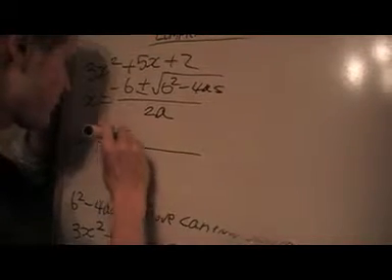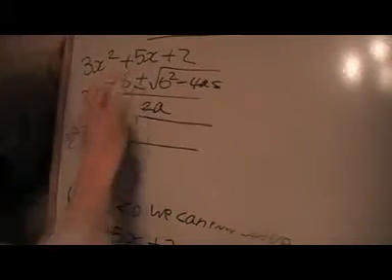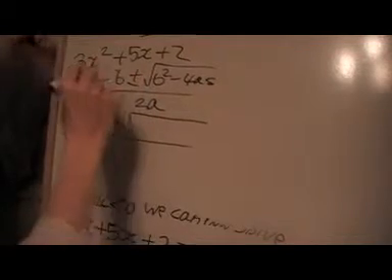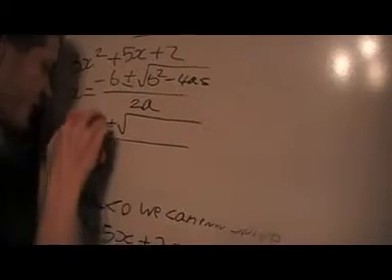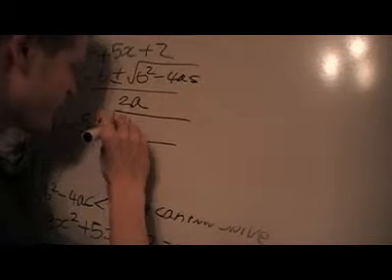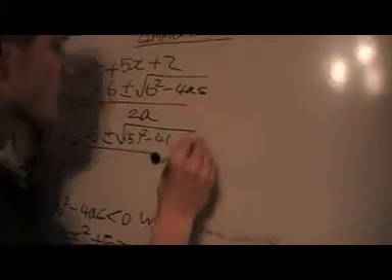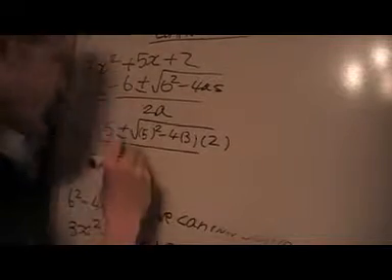Minus 5, because that's b. b is 5, so that's minus 5 there, plus or minus the square root of 5 squared minus 4 times 3 times 2, over 2a, which is going to be 6.